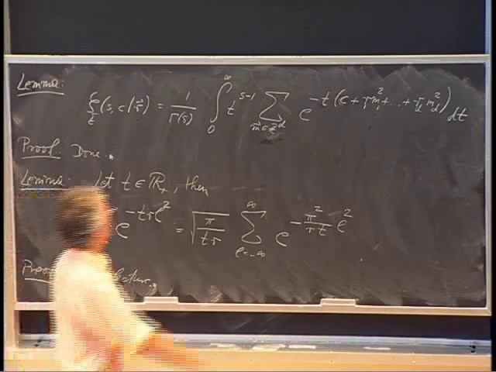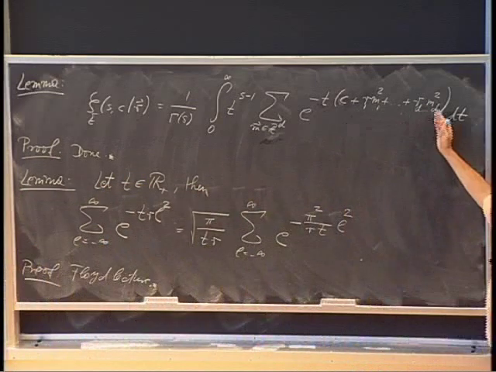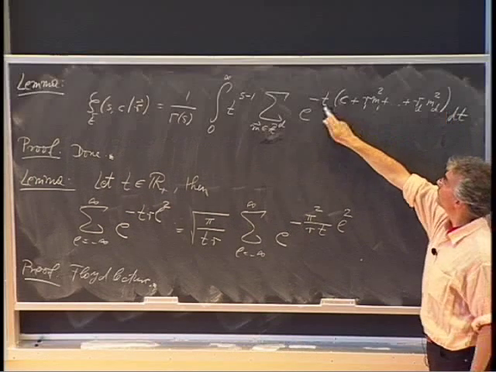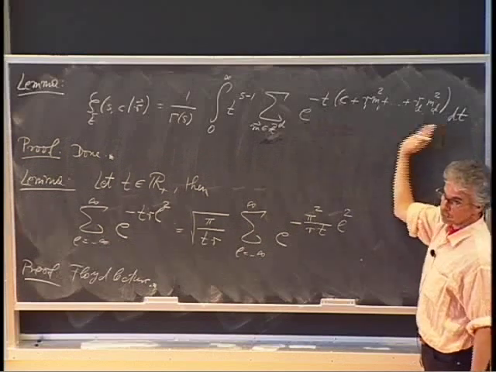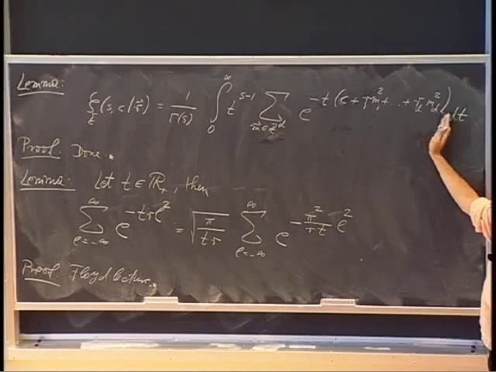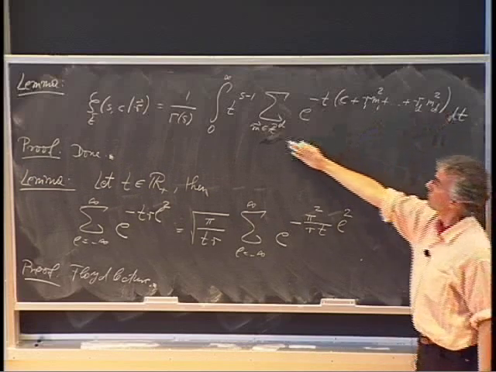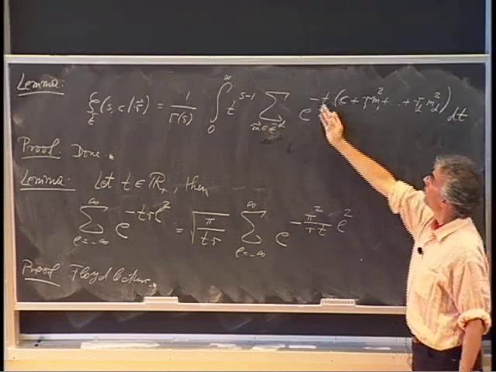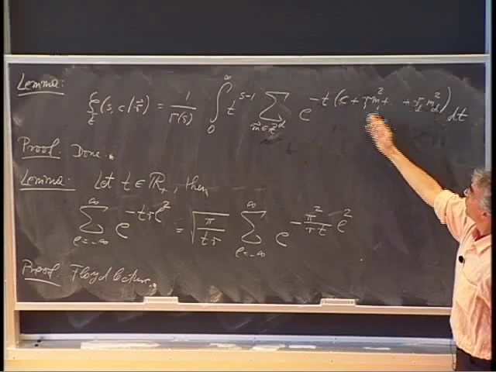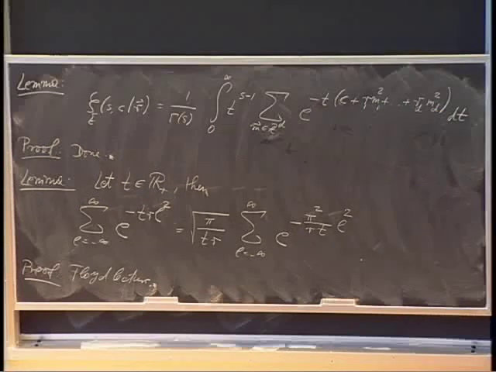Now, if you look at the way this is given, the small t behavior cannot be read off. You know that at t equals 0 this obviously is divergent, but you cannot read off how it diverges. It's just an enormous sum of terms that are getting very, very small for large values of m, but it's impossible to read off this small t behavior from here.